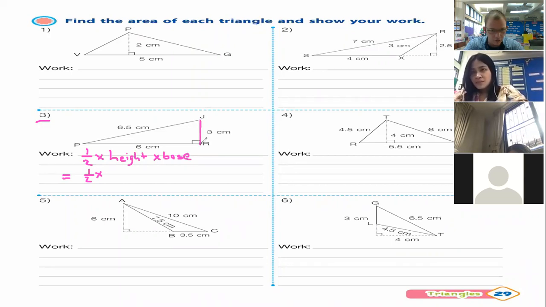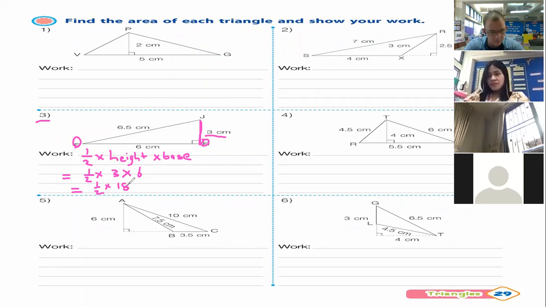Remember, the perpendicular line from the base to the apex is 3 times our base, which is going to be PR, because that's where our perpendicular line is, and that is 6 centimeters. So that will equal half times 18, which will equal 9 square centimeters.